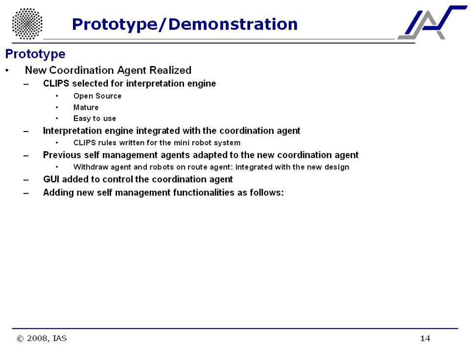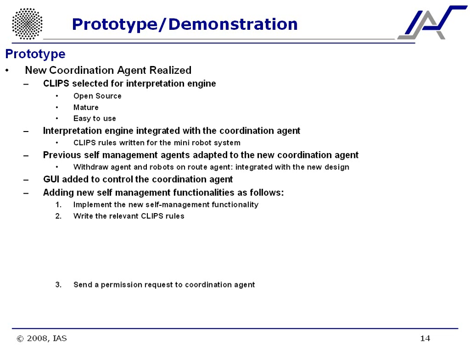Finally, in my new prototype, if any user later on wants to add an extra self-management functionality, first they have to implement the self-management functionality. Second, they have to write the relevant CLIPS rules. Then finally, they have to send a request from the self-management agent to the coordination agent requesting resource access.